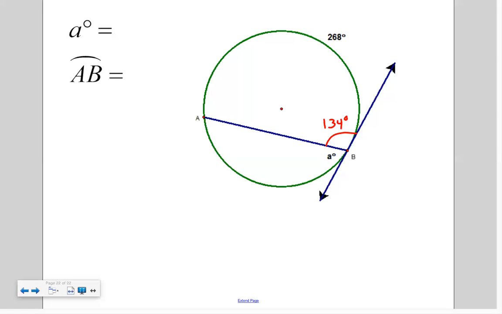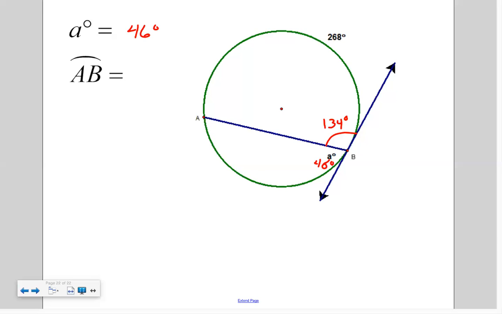Right. Now, not only that, but we can use this fact to find A, which is 180 minus 134, so that'd be 46 degrees. Then we could either use that to find my new arc measure, or we could do 360 minus 268 to get arc AB.